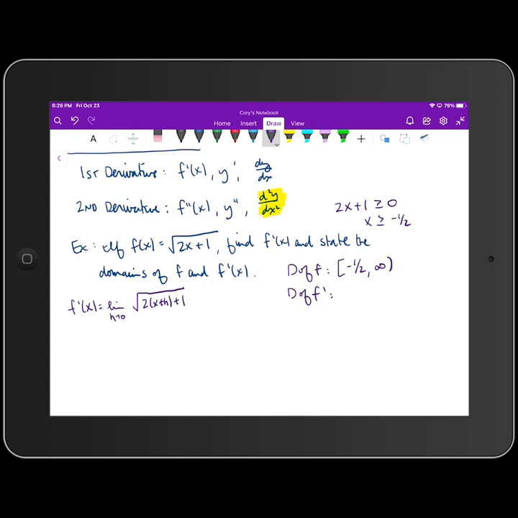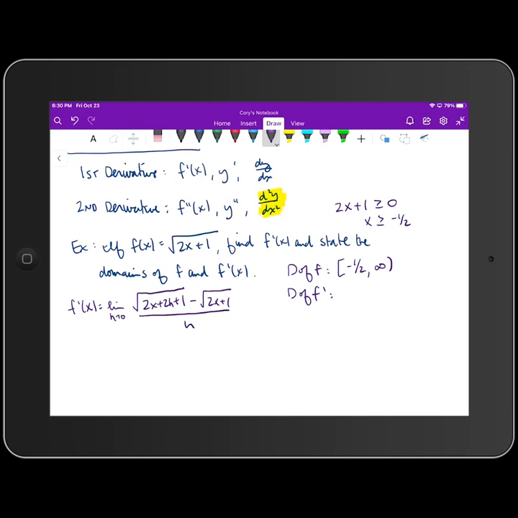And then so I don't have to write this over again in the next step, I'm just going to distribute 2 across those first two terms. So that's going to be 2x plus 2h plus 1. Minus f of x, which is rad 2x plus 1, all over h.